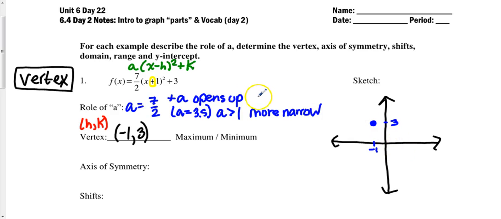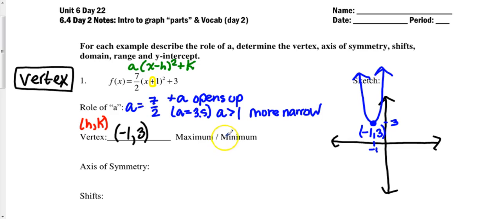Well, I'm going to look at what I know about A. I know that A is positive, so it's going to open up, and my graph should be more narrow. In the future, we'll get to more accurate sketching, but right now this is just a rough sketch. Visibly make that graph look more narrow. Now that we have the visual here, we can label, by the way. Here's our vertex, negative 1, 3.